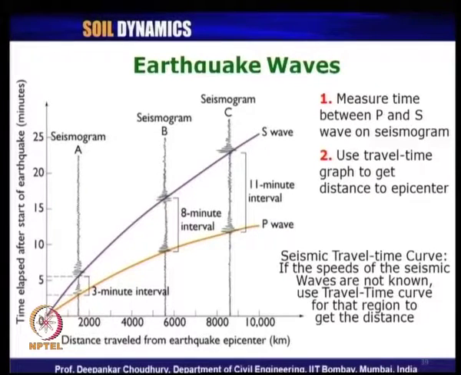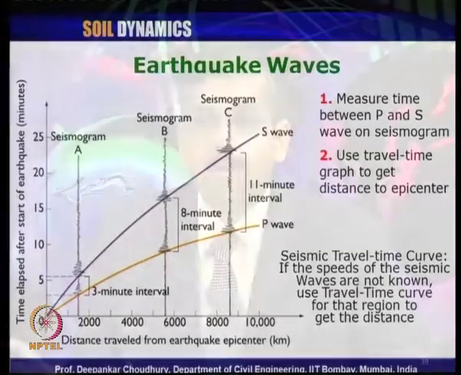That is why I said instead of relying on 3 circles, let us use as many circles as possible based on available recording stations. But suppose we want to get rid of that error where we do not know the exact values of Vp and Vs, the crustal velocities, this travel time curve method can be used.